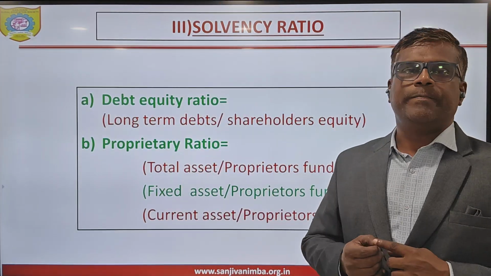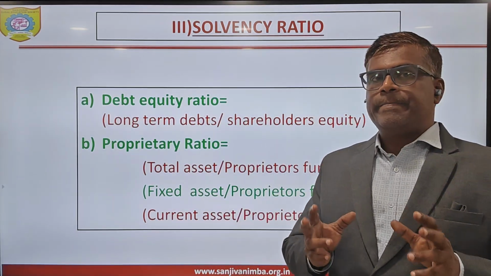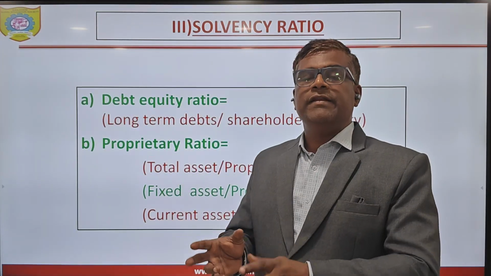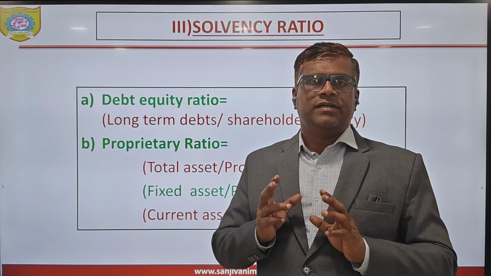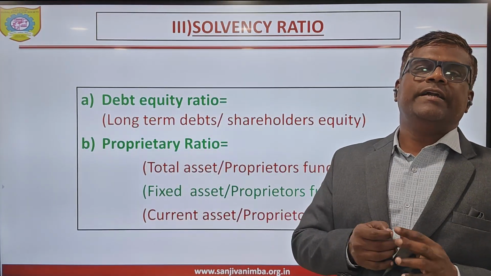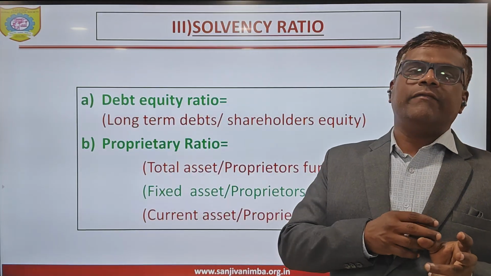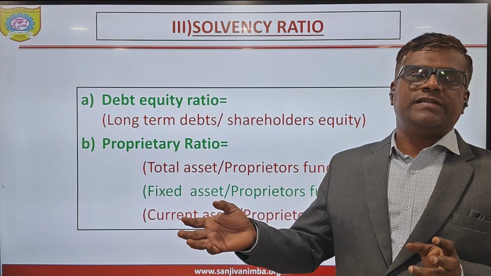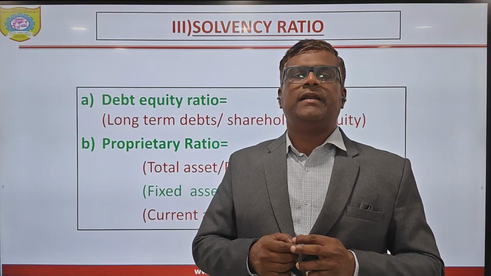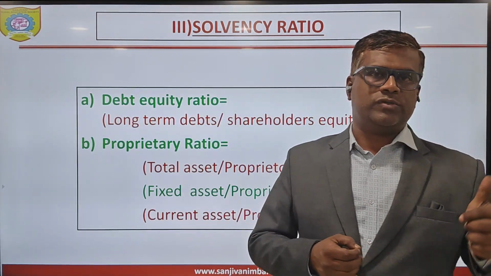This particular ratio helps us in understanding the amount of proprietor's funds utilization in financing the fixed assets. So if more amount has gone into fixed asset acquisition, it means that you have used it wisely and it didn't go into short-term money provisions, that is current asset obligation provisions. So this is how we can understand the implications of several solvency ratios.